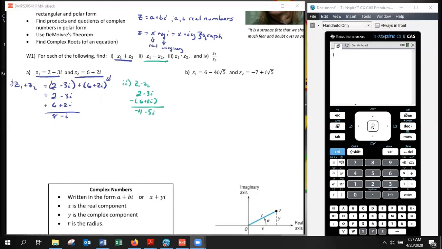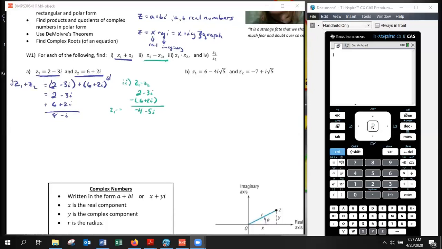As a whole, the skill is making sure that we know what we're doing. When it comes to adding and subtracting complex numbers, there's not a lot of difficulty, because our real gets added to or subtracted from the real, and our imaginary gets added to or subtracted from the imaginary.